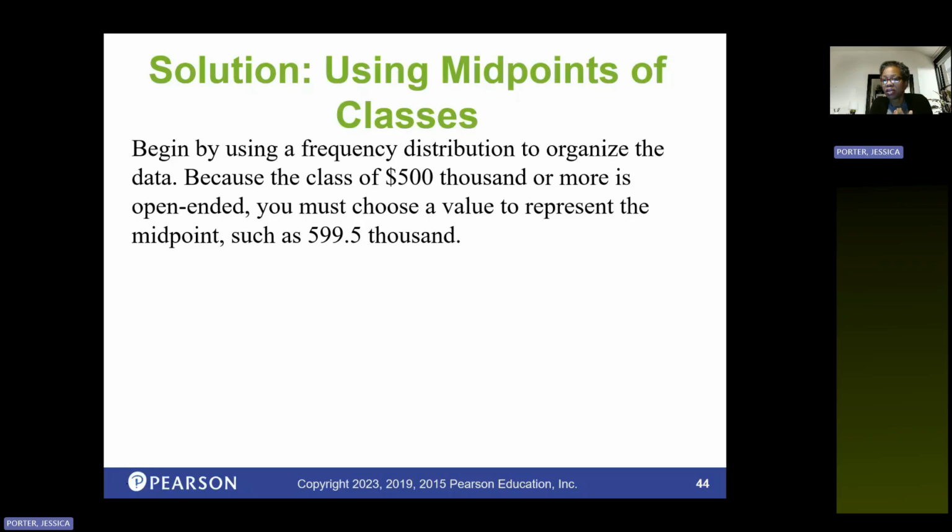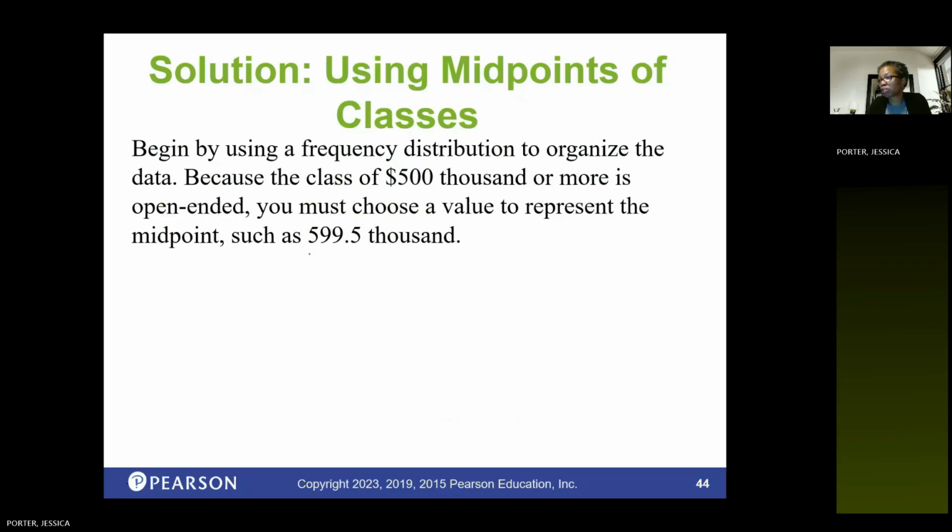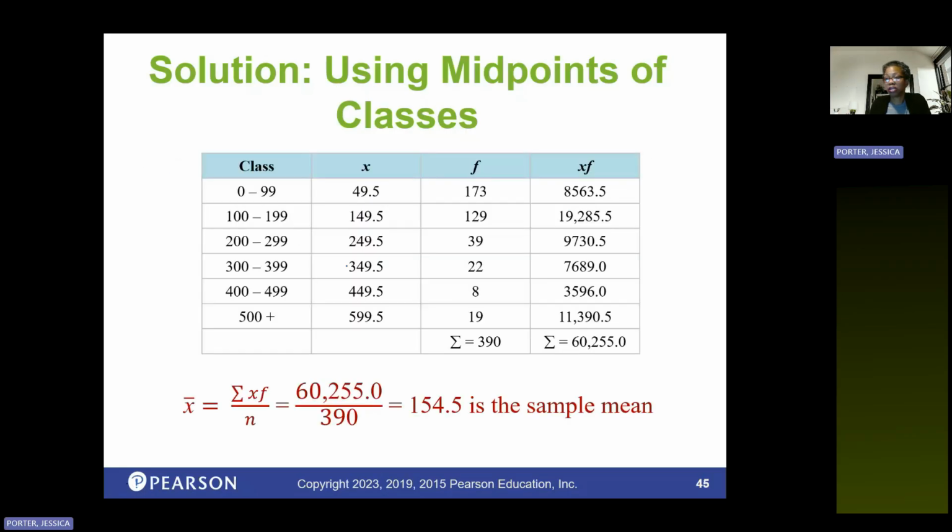At the end, you're going to have an open-ended class. And let me show you what that looks like. So here at the bottom, you see this open-ended class. Well, you're going to have to establish, and they're going to give you the number in your homework, but we're going to use 599.5.